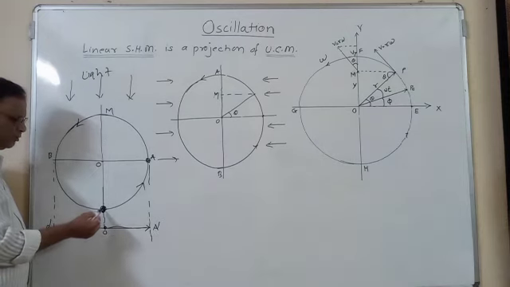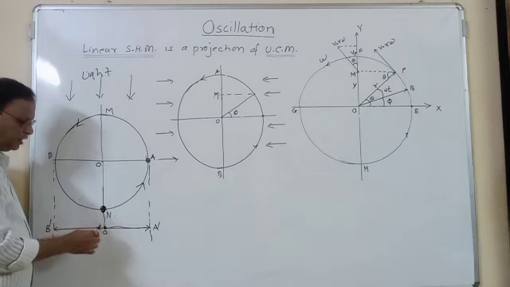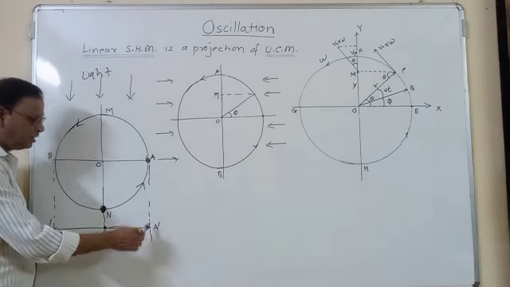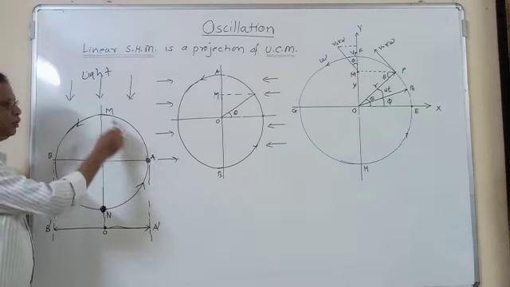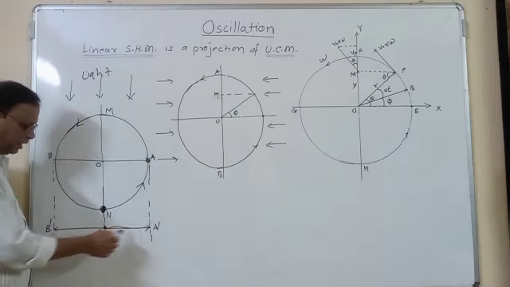That is, when the object moves from this point N to A, the shadow moves from O to A dash. When the object moves from A to M, the shadow moves from A dash to O.